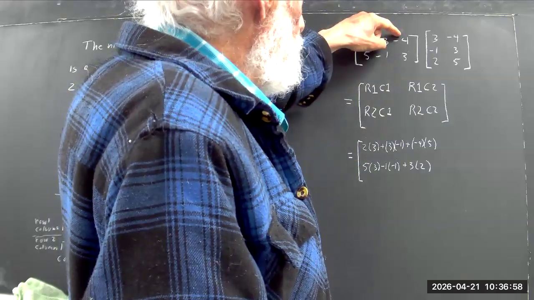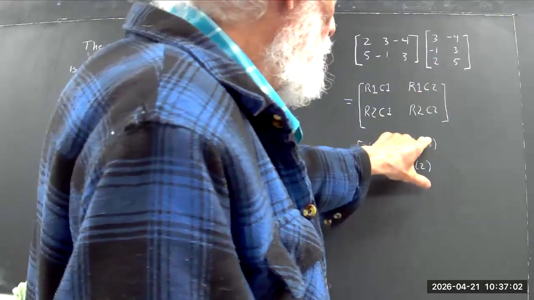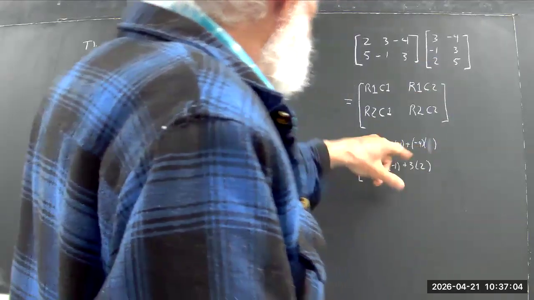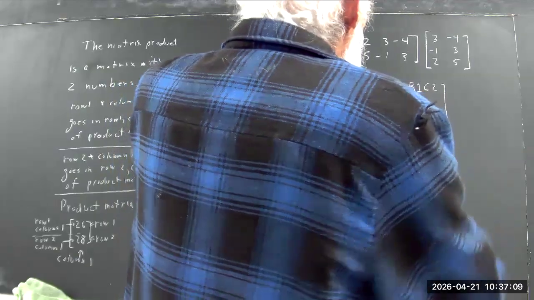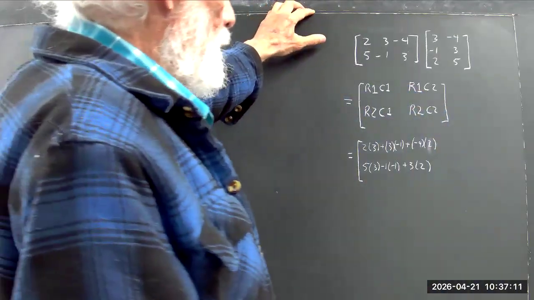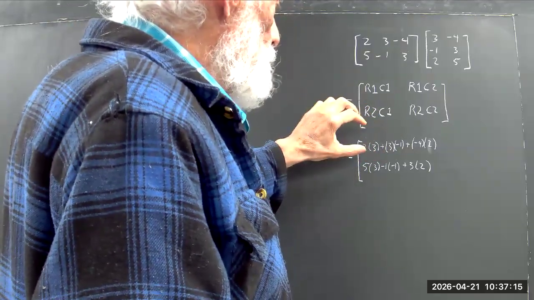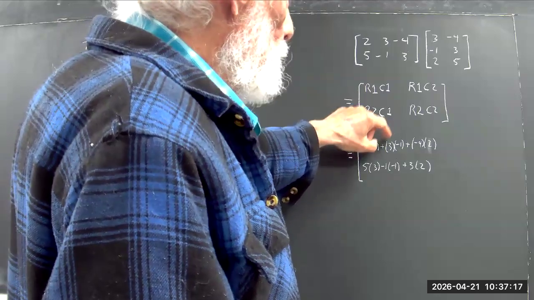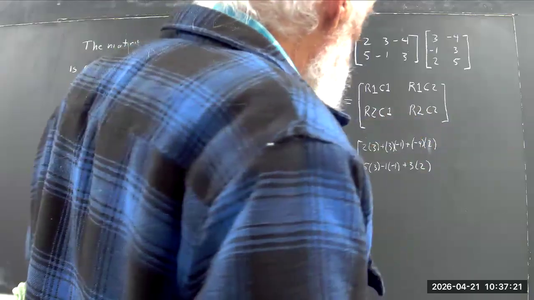And then we have -4, and I wrote -4 times 5 because my eye picked up the 5 in the second column. It should be -4 times 2, and I hope you picked up my error. So again, first row, first column product, 2 times 3, 3 times -1, -4 times 2, not -4 times 5.